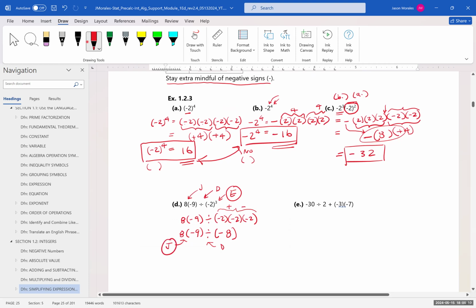So 8 times -9 is going to be -72, and that's divided by -8. And since you've got two integers with the same sign, the result is going to be positive, and 72 divided by 8 is 9.